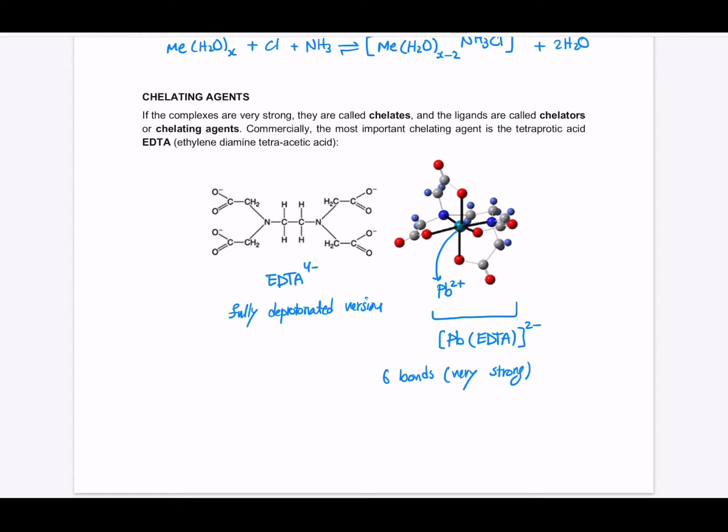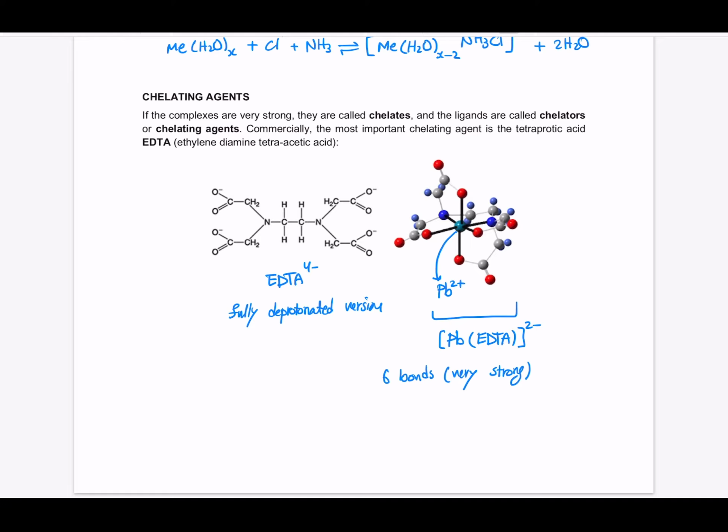So if you have, let's say, a water sample that contains lead, and you want to get rid of lead because it's very toxic, if you have options between ammonia, Cl⁻, and EDTA, obviously EDTA would be more effective in terms of the complexation reaction. It's very strong, so you can effectively remove lead from the solution.